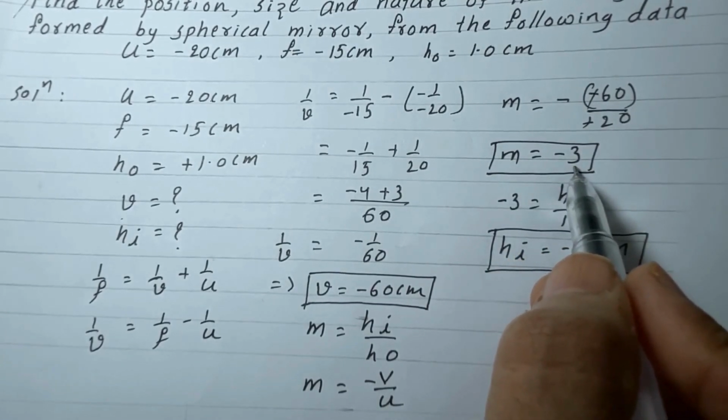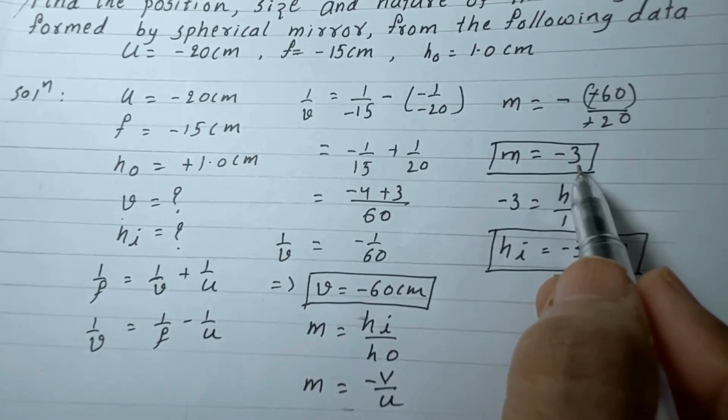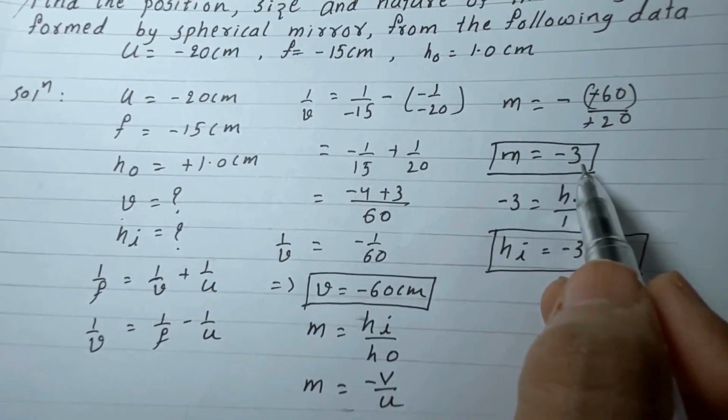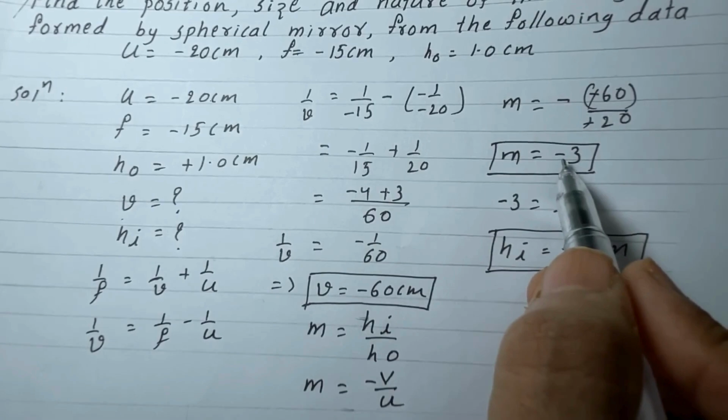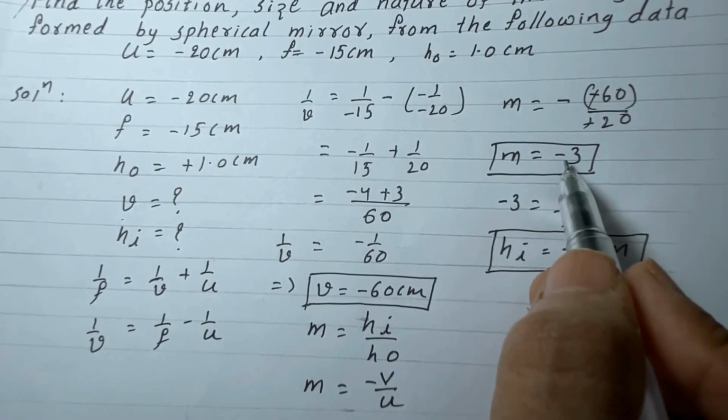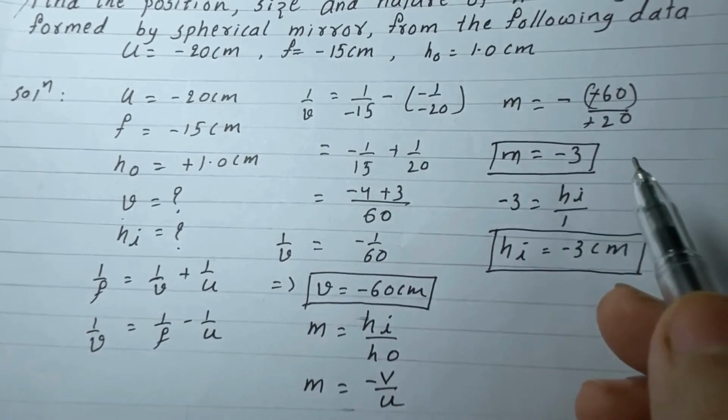This numerical value 3 tells us that it is greater than 1, that means the image is enlarged. This is 3 times enlarged. And the negative sign shows that this is an inverted image.